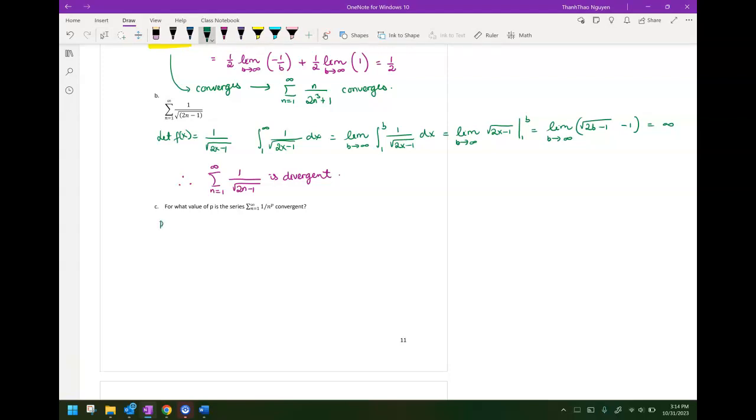So recall the integral from 1 to infinity of 1 over x to the p dx converges if p is greater than 1, and diverges if p is less than or equal to 1.